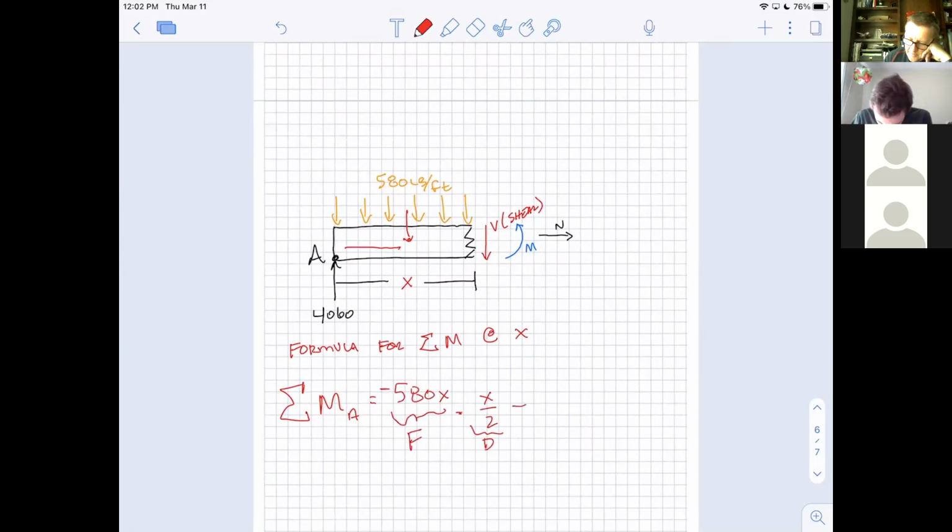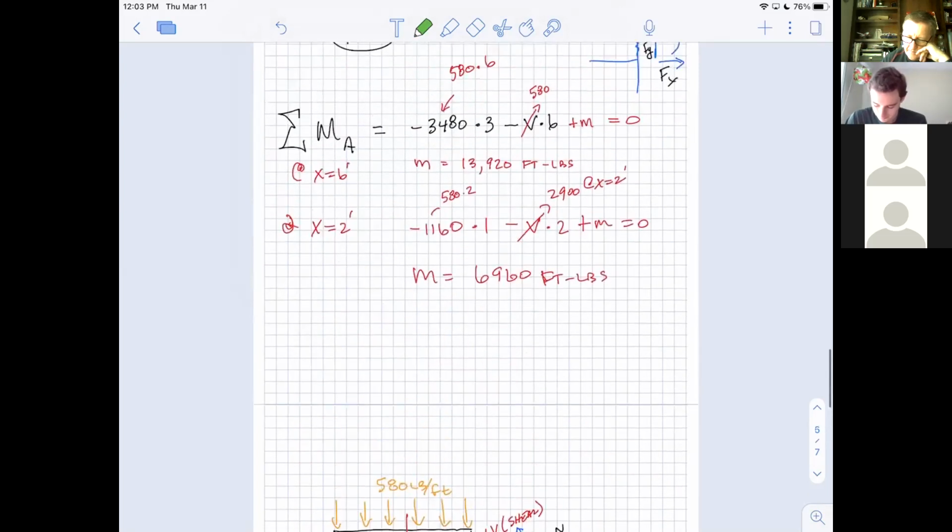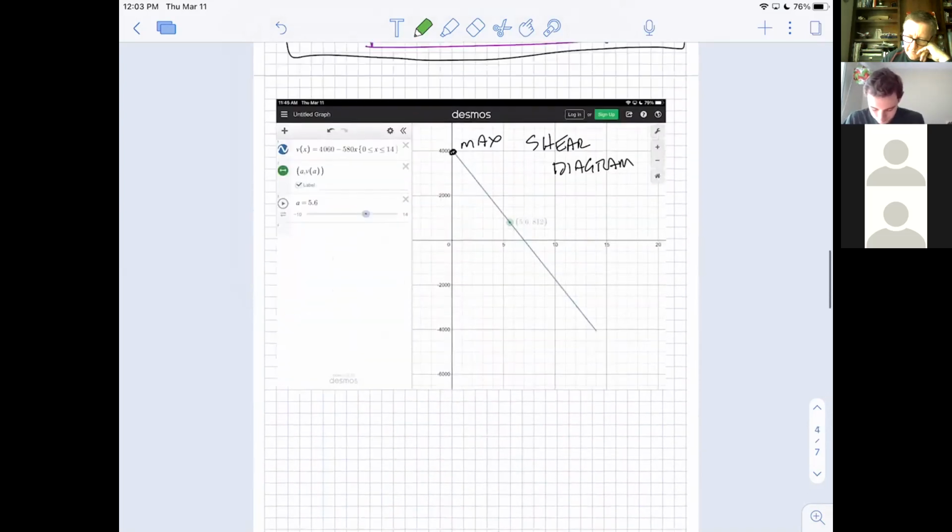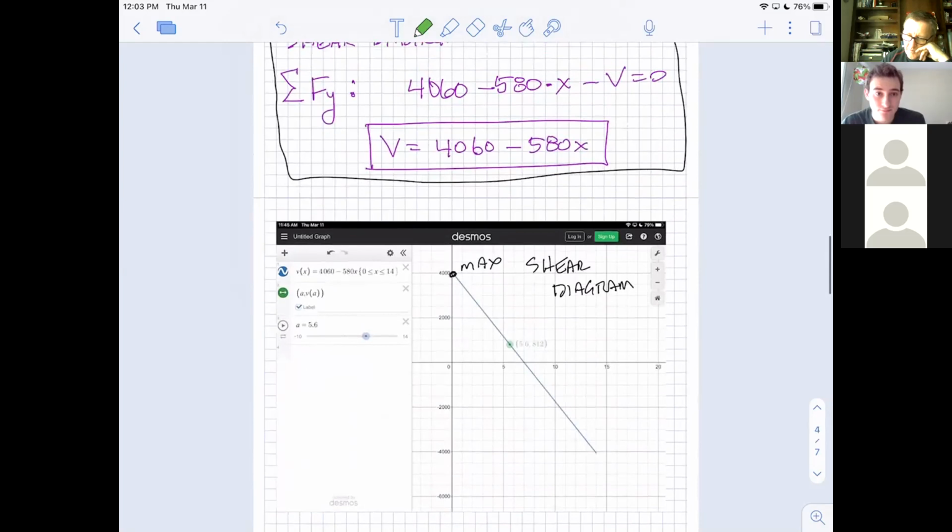So we have minus V, the shear, times the distance of x, and then plus M. And we need all of that to be equal to 0. And what is V? Well, we figured that out. It was this equation, 4060 minus 580x.